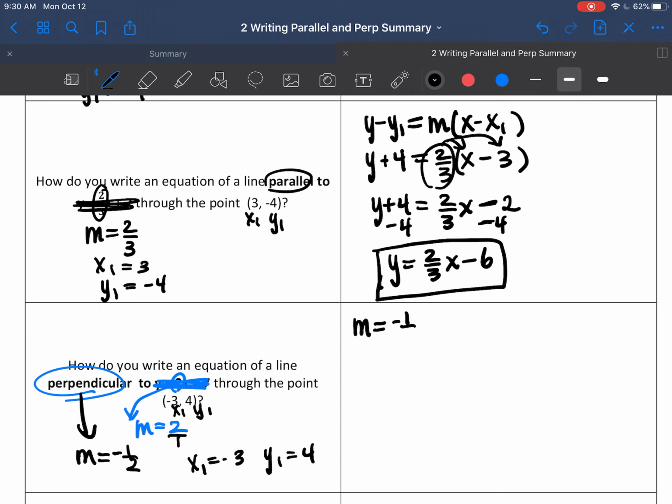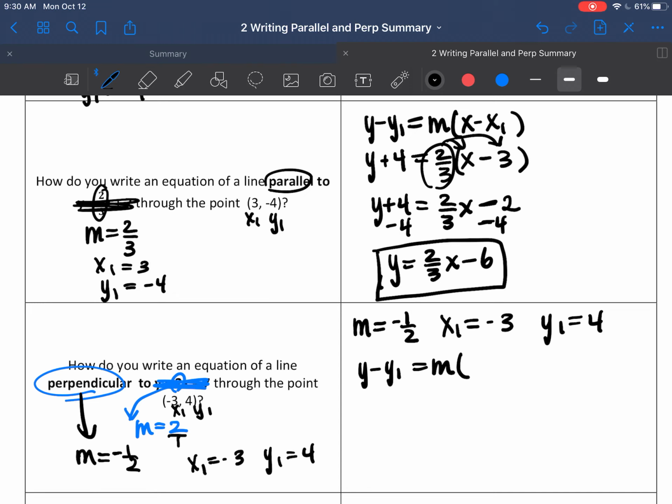So now we've got a slope of negative 1/2. On a multiple choice test, cross off any choice that doesn't have a slope of negative 1/2. It usually narrows it down to 2 options. Okay, so our slope is negative 1/2. Our x1 is negative 3. Our y1 is 4.